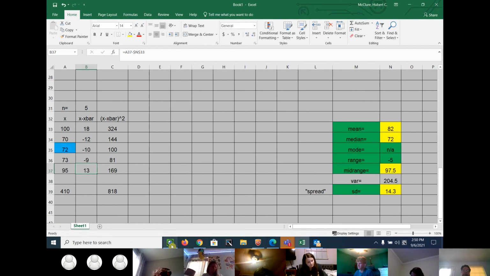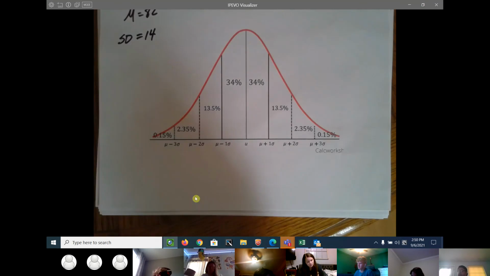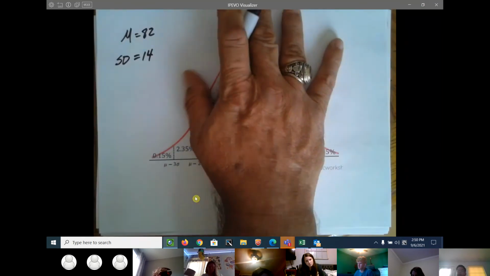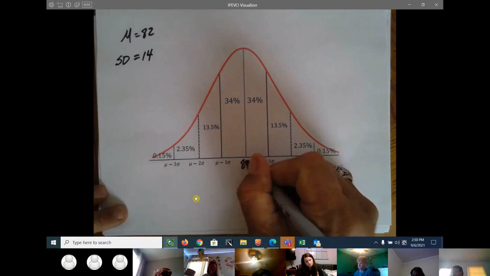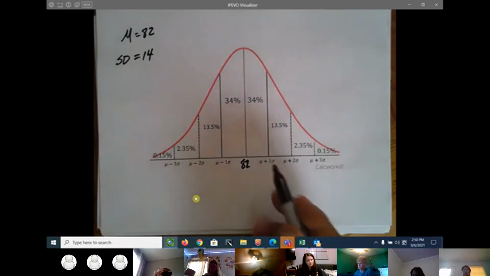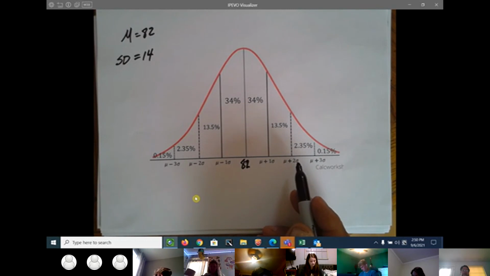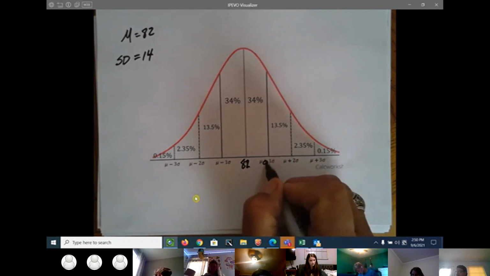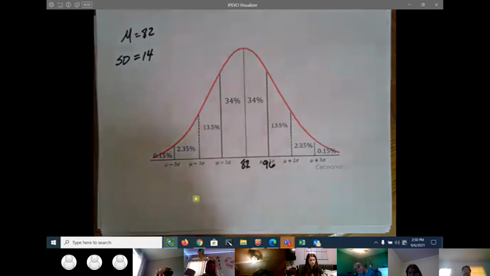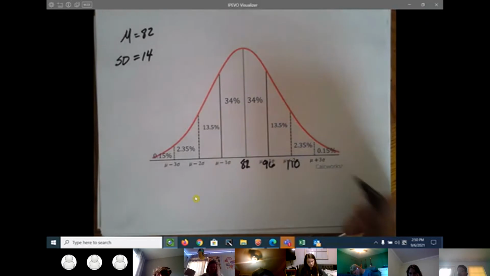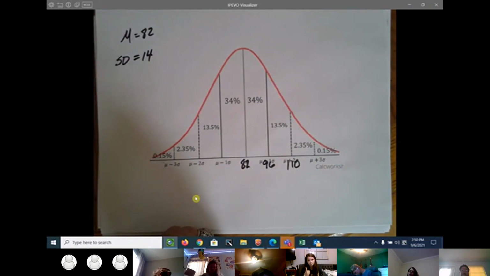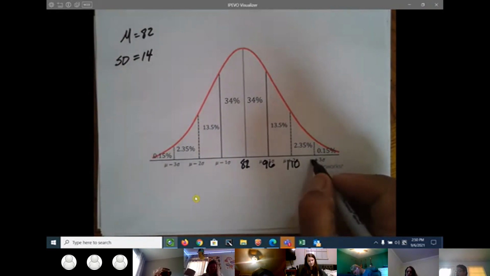So you would take that mean and standard deviation, put the mean in the middle, 82, and then you would add standard deviations on the right. So 82 plus 14 is 96. 96 plus 14 is what? 110. Y'all check my math. And 110 plus 14 is 124.